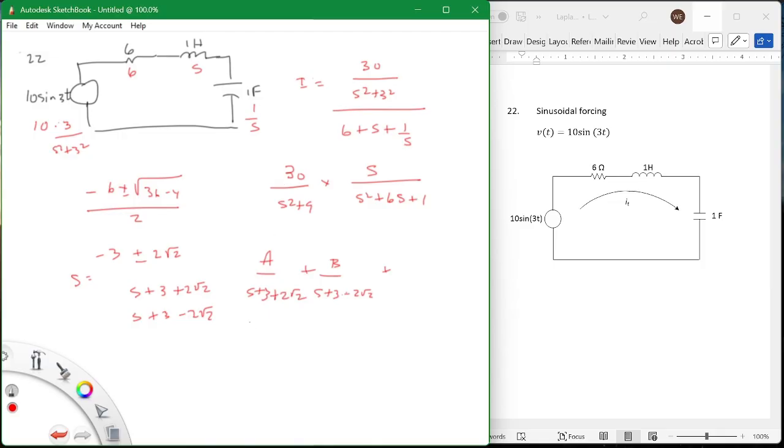How do you split this up? S plus 3, s minus 3. Okay. Try your quadratic equation. Minus b plus or minus square root of b squared minus 4ac over 2a. There is no b.